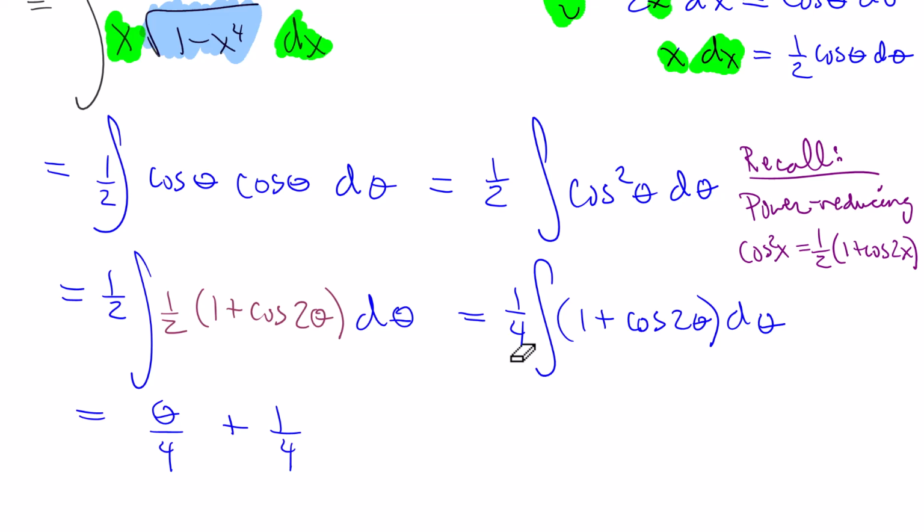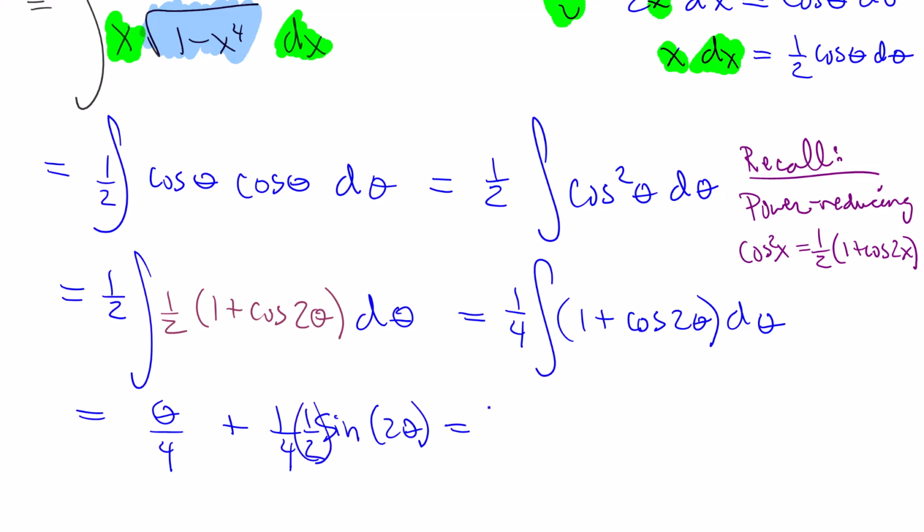The antiderivative of cosine of 2 theta, well, this is now something we could do. The antiderivative of cosine would be sine, so this would be sine of 2 theta, but that would be, of course, off by a constant to the antiderivative, so you'd have a 1/2 floating in front of that.